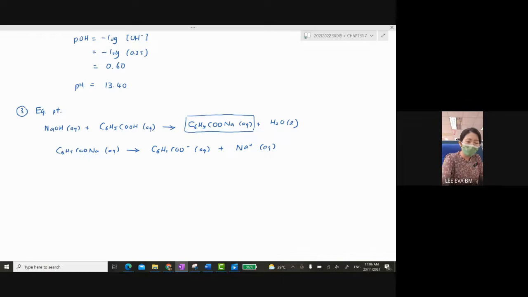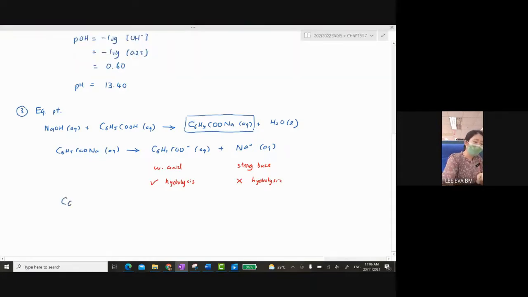Of course, sodium is from a strong base, which will not undergo hydrolysis. Whereas your conjugate base C6H5COO minus is from the weak acid. Therefore, the conjugate base will undergo hydrolysis, so you need to come up with the equation to show the hydrolysis of this conjugate base.